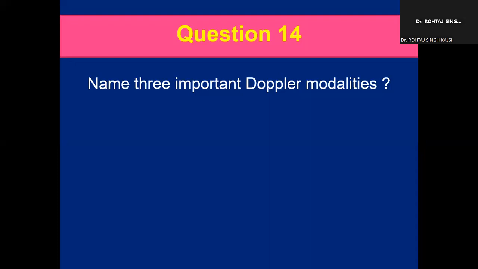What is the third one? The tissue Doppler, sir. Okay, you are smarter. The color flow mapping Doppler, pulse wave Doppler, continuous wave Doppler, then the fourth one is the tissue Doppler. You should have said color flow mapping. Anyway, answer is reasonably taken.